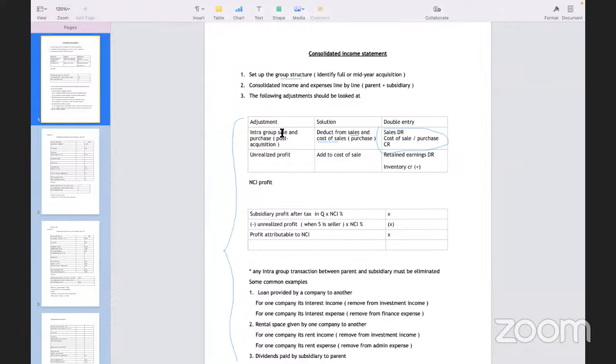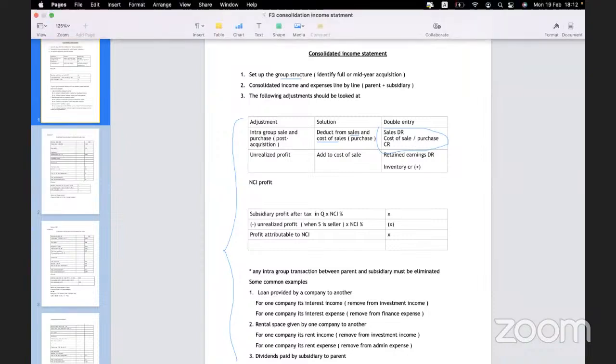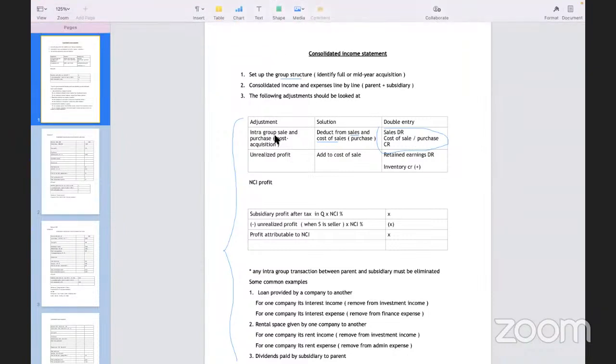So when you do the SOFP, you only have to worry about the URP adjustment, but with the income statement, you have to worry about both. Last week we discussed how to calculate URP, so same concept.